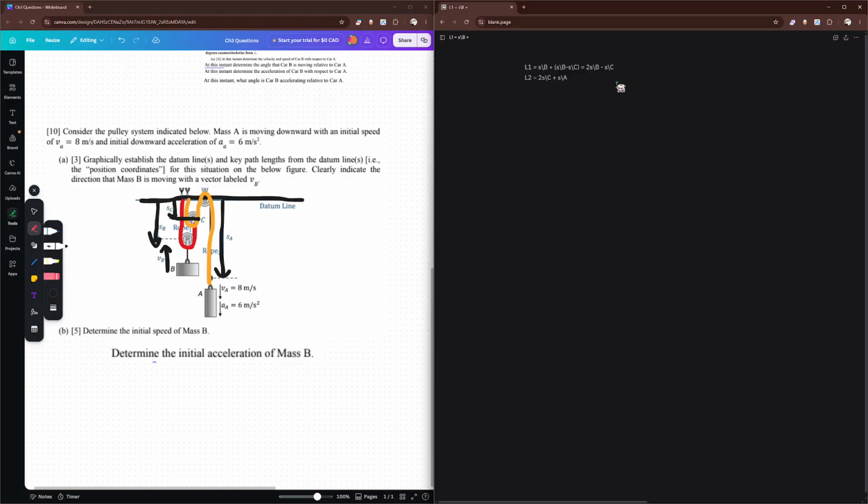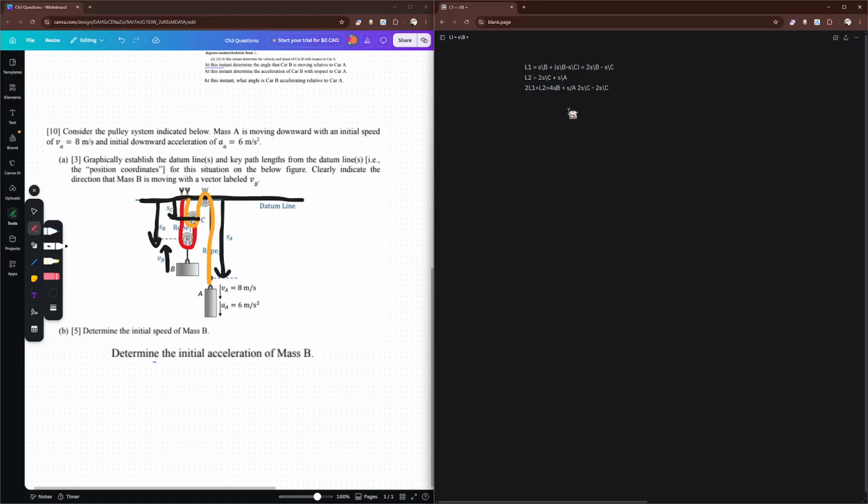We want to combine these equations somehow. You could double L1 and then add them together, and that eliminates the SCs. So let's do that. We have 2L1 plus L2 is equal to 4SB plus SA, and we have 2SC minus 2SC.